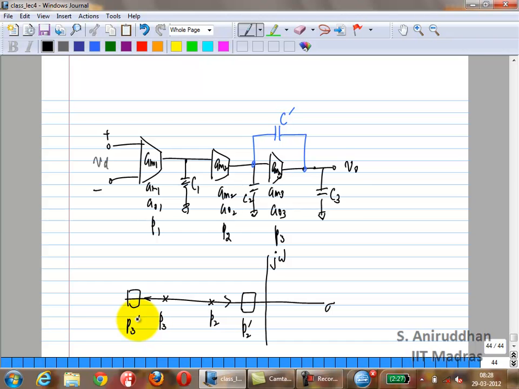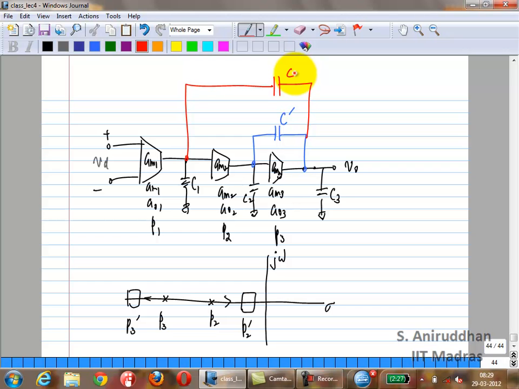Okay. So what happens now if you add overall C? I'll just add it here. What happens when you add C? What is going to happen? P3 and P2 will move left.